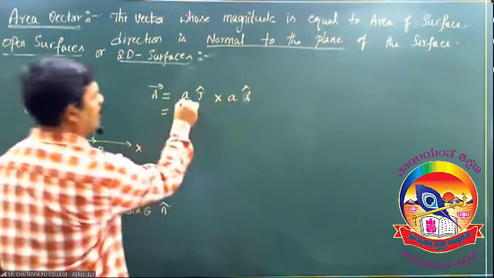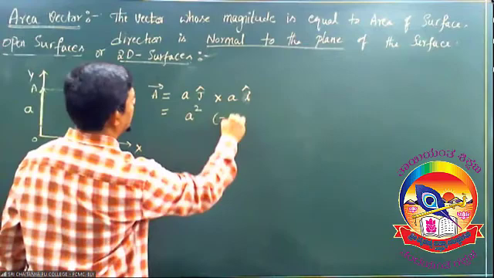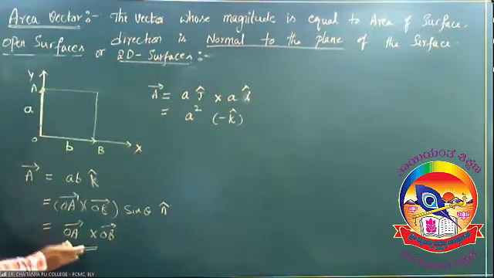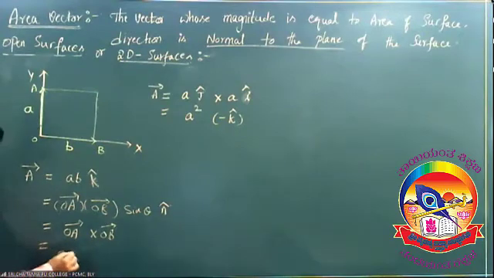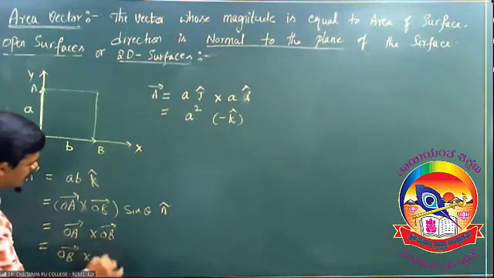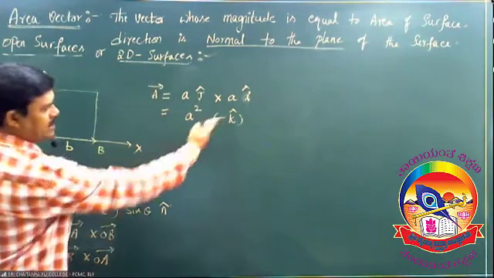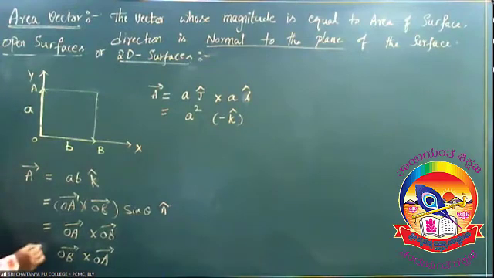That is minus K, so A square minus k cap. If you take OA cross OB, it results in minus k cap. OB cross OA results in k cap. K cap means outward normal, minus k cap means inward normal. Okay, come on, note down.